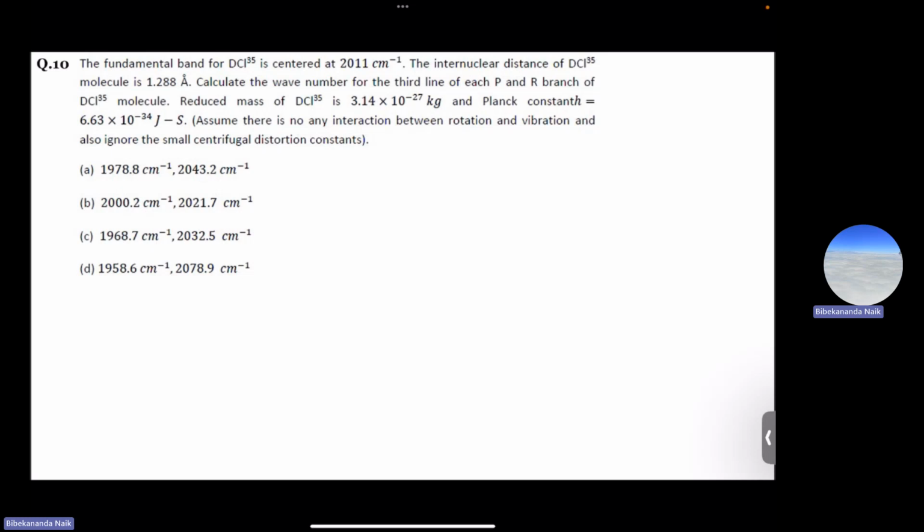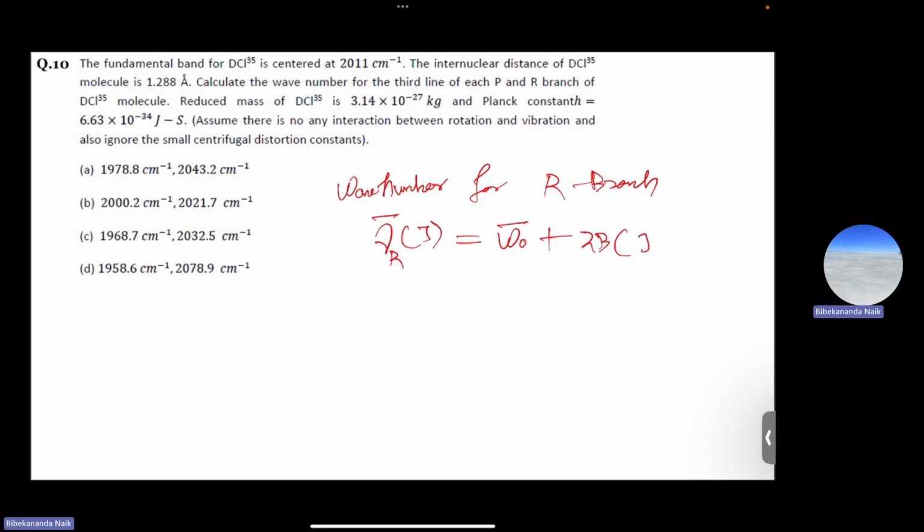If you follow the lectures, you can find that the wave number for the R branch is given as omega 0 bar plus 2B (j plus 1), where j starts from 0, 1, 2 and so on. If you put j equal to 0, then it is omega 0 plus 2B.